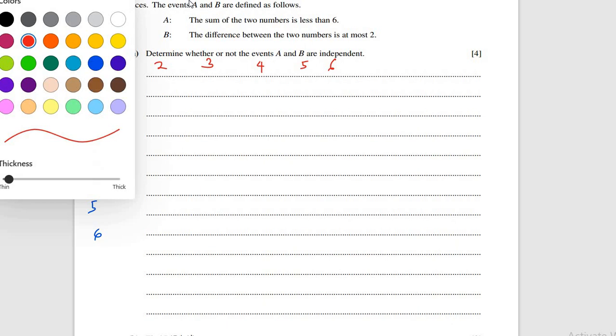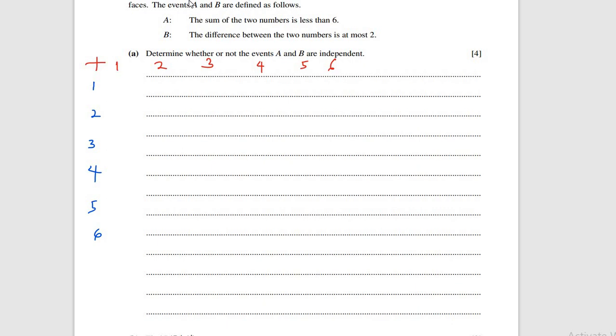Okay, let's write the outcomes. This one can be 1, 1. This is 1, 2, 1, 3, 1, 4, 1, 5, 1, 6.